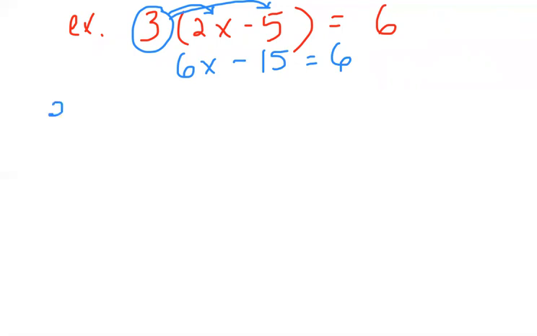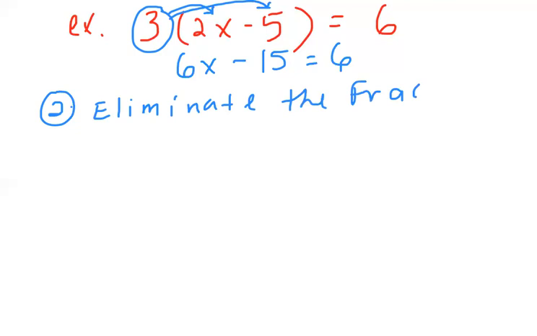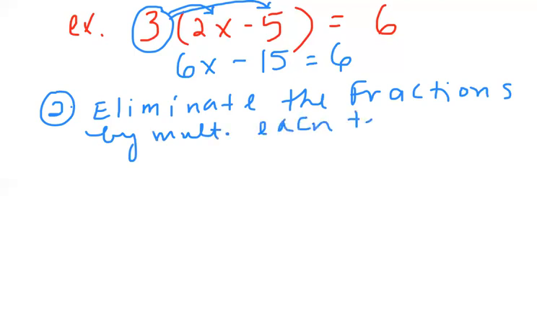Now, step number 2, every once in a while, you will encounter some fractions in here. If you should encounter fractions, guys, you need to eliminate the fractions by multiplying each term by the LCD.